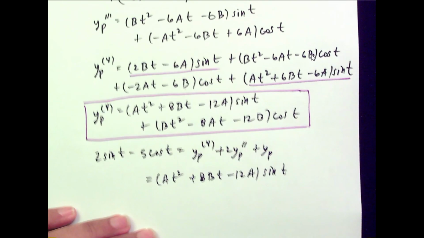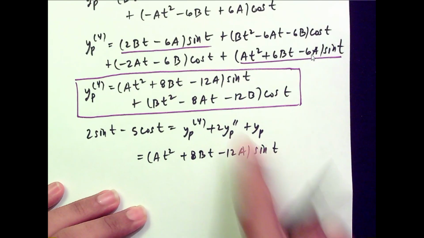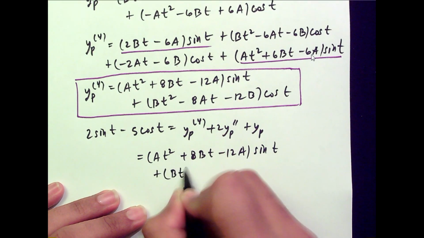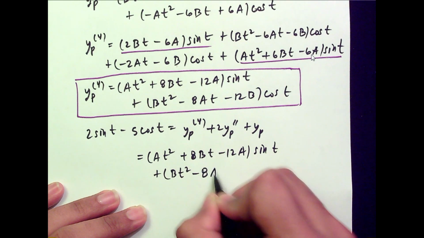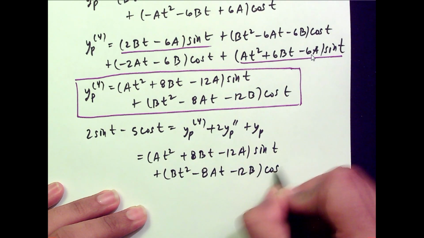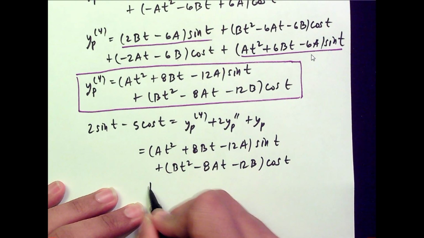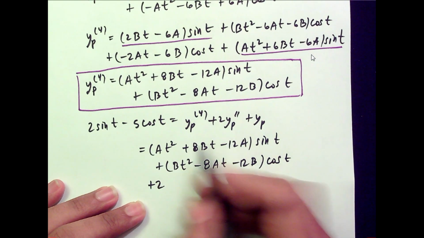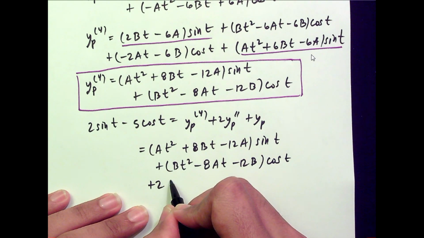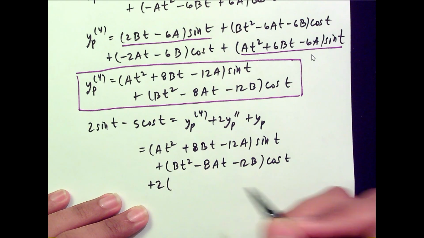So I'm copying the fourth derivative because that's what I have to do. Then plus 2 times the second derivative. So now I'm going to copy the second derivative, and everything in the second derivative needs to be doubled.